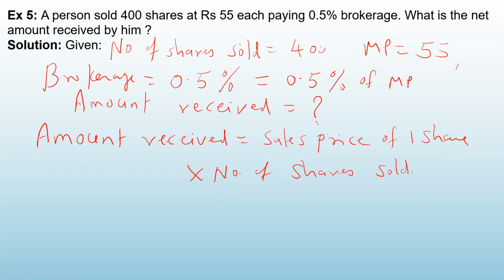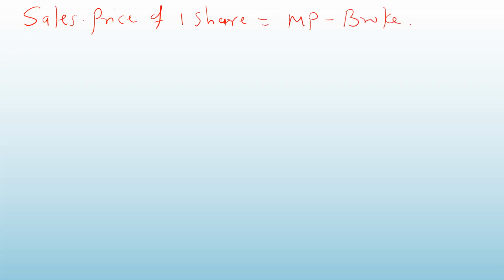It is the market price minus brokerage, correct? So I'll write down here. Sales price of one share. When you have to find out the sell price, you have to subtract the brokerage from the market price.